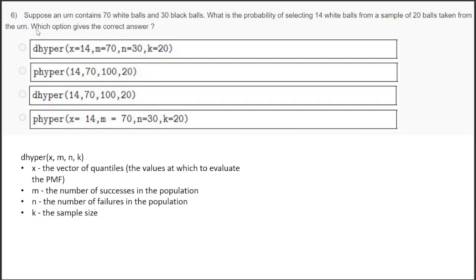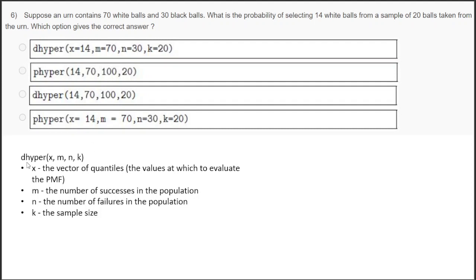Let's go to the sixth question. Suppose an urn contains 70 white balls and 30 black balls. What is the probability of getting 14 white balls from a sample of 20 balls taken from the urn? Here, from the options we can see they are using hypergeometric distributions to solve this.